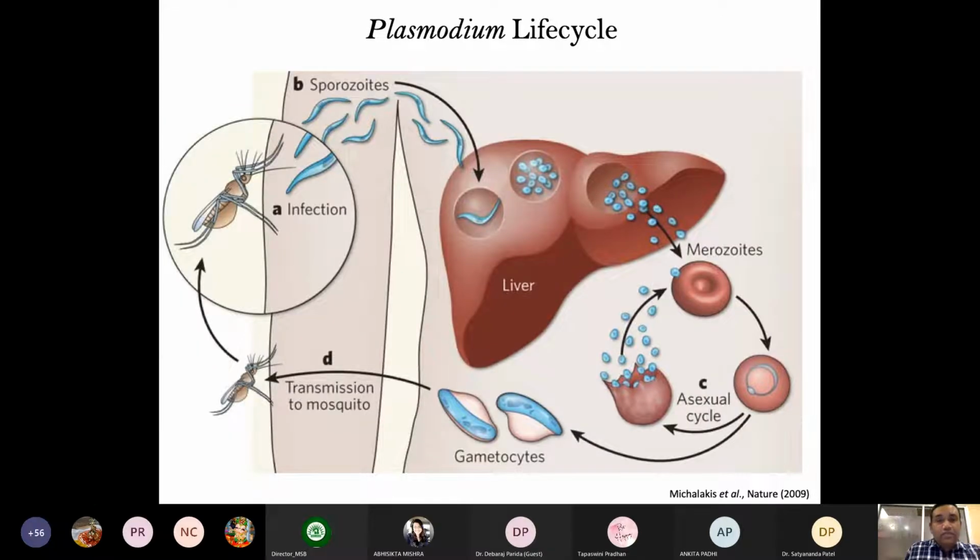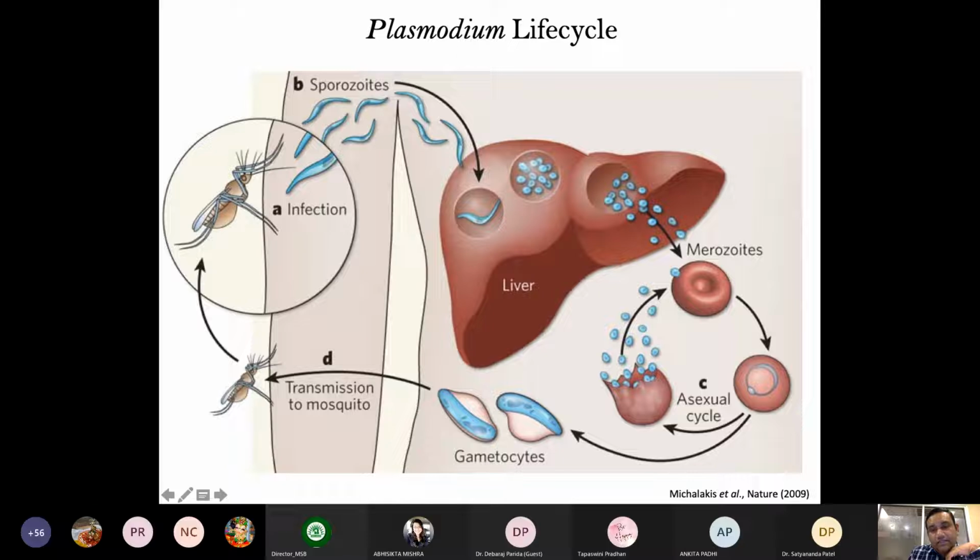This slide is just to give you an introductory idea about the life cycle of Plasmodium. As you know, Plasmodium has two life cycles. One happens in the mammalian host, and we humans are also hosts. The second part, the sexual cycle, happens in the mosquito. It starts with the bite of an infected mosquito, and this infected female mosquito, when it seeks a blood meal, inadvertently injects sporozoites, the insect form of the malaria parasite.